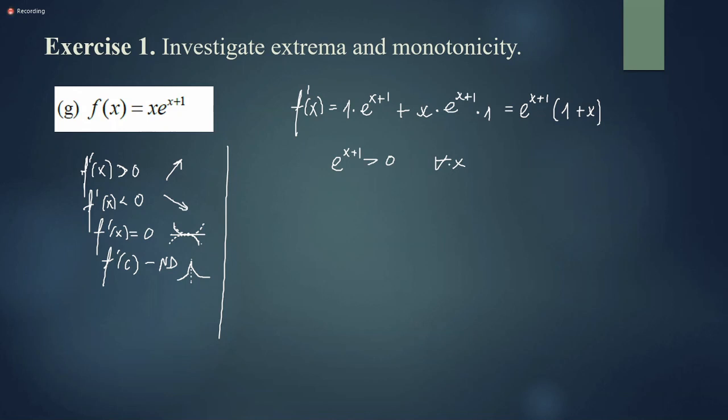So that's the only moment where we can get a critical point. So the derivative is 0 if and only if 1 plus x is 0, that is if x is negative 1. So the first factor, e to the power x plus 1, does not influence the sign.